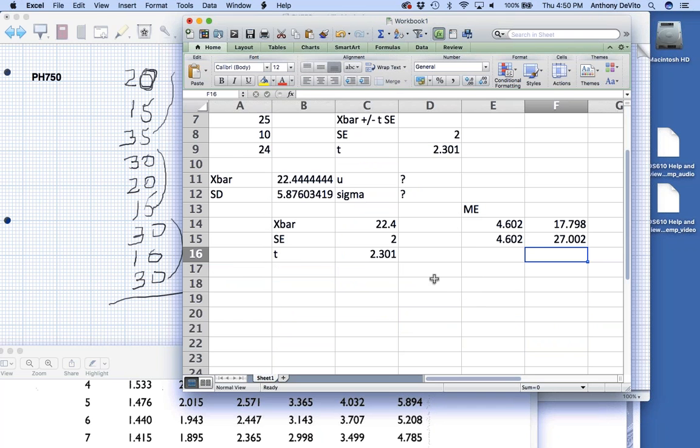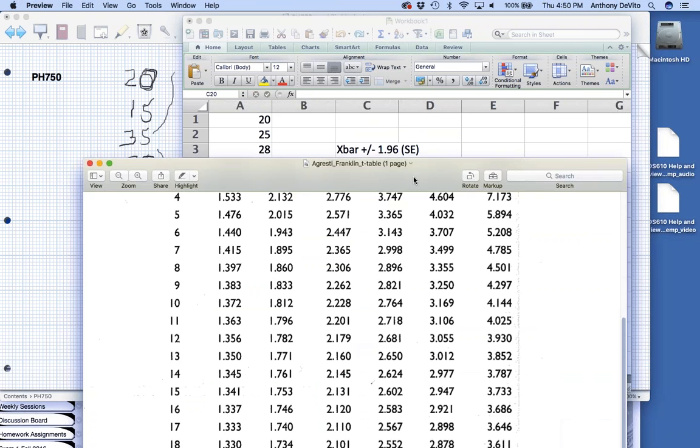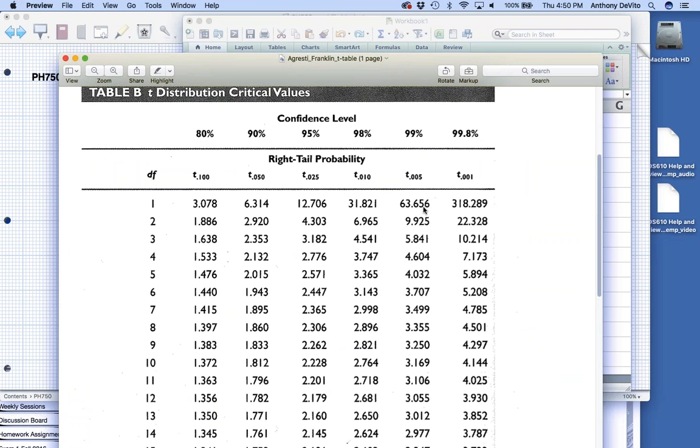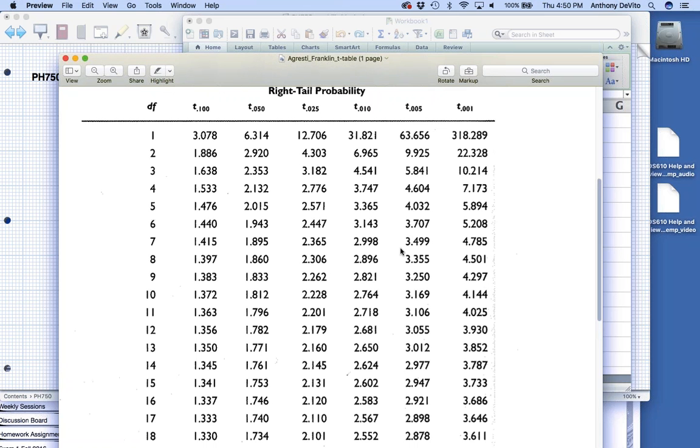Okay, now if I wanted to be 99% sure, if I wanted a 99% confidence interval, what would I change here? Bingo, the t-value. Everybody got that? Because I'm going to bring that t-table back up here. If I want to be 99% certain, I use the t-value that's in this column for 99% confidence interval. 8 degrees of freedom, I would have to use the number 3.5 instead of 2.3.